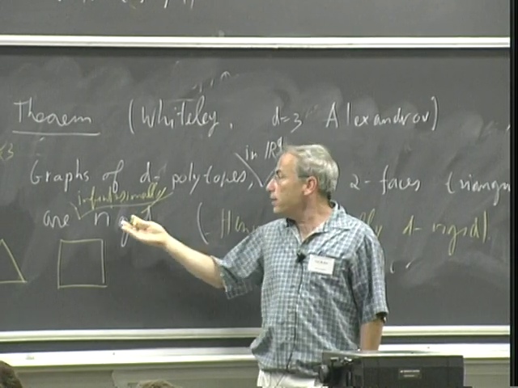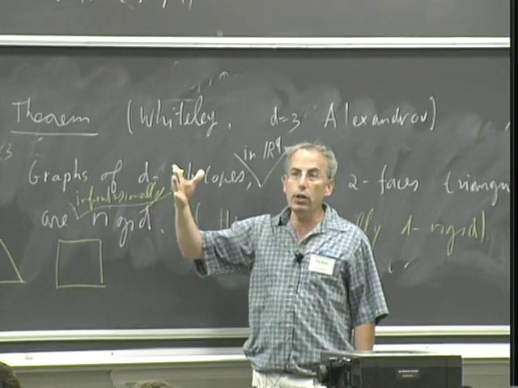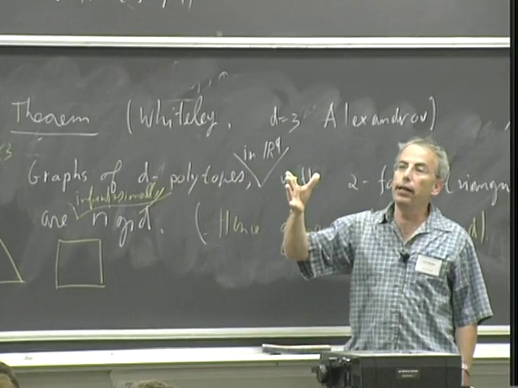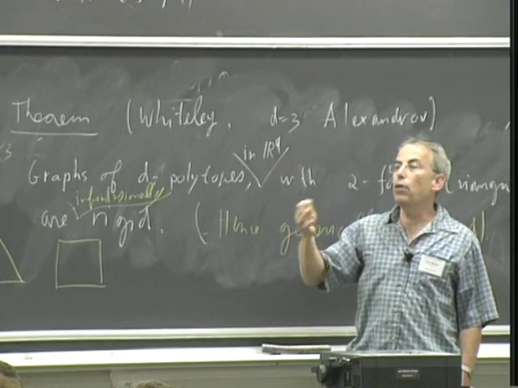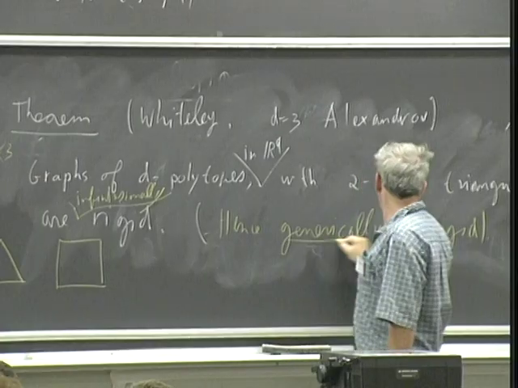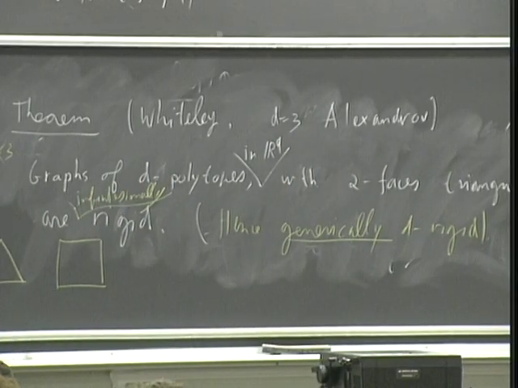But the fact that with this embedding the graph is rigid implies that generically, when we embed the vertices, the resulting graph is rigid. So it's generically rigid. And generic rigidity is a combinatorial property.